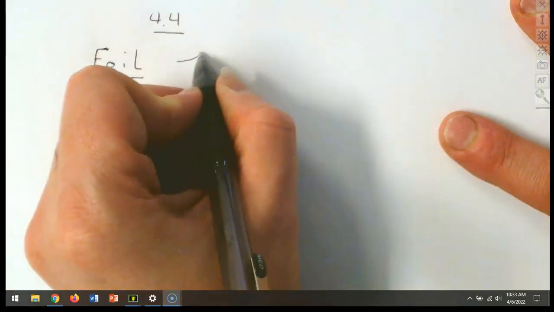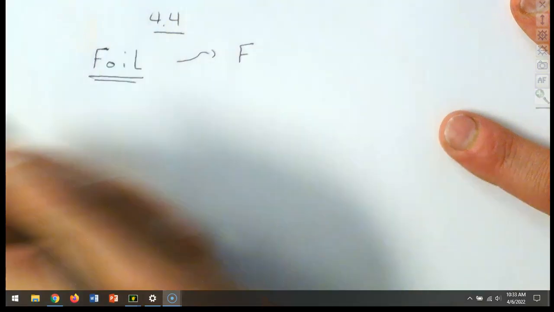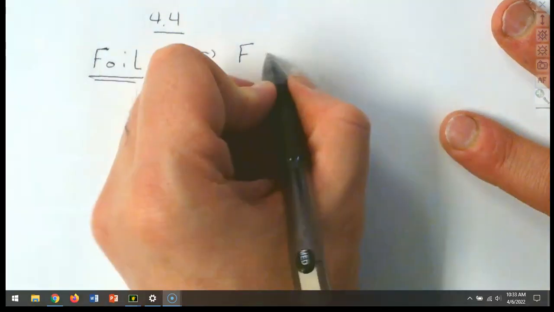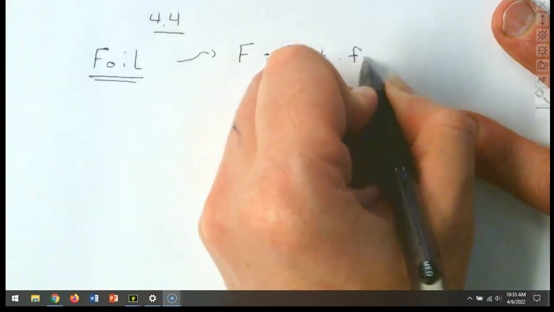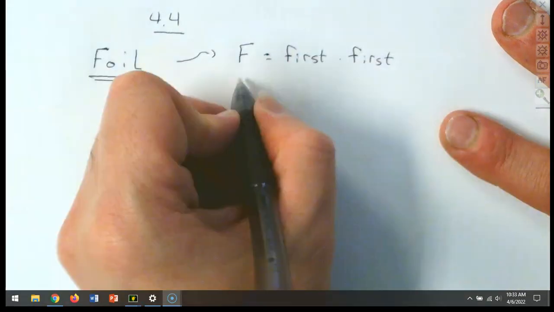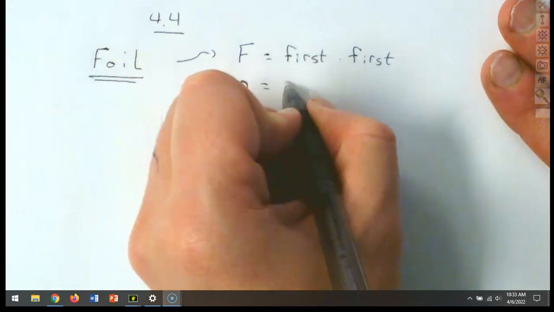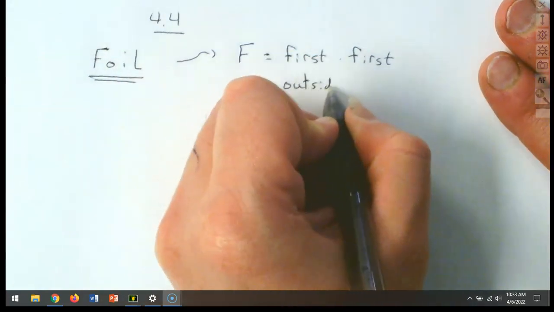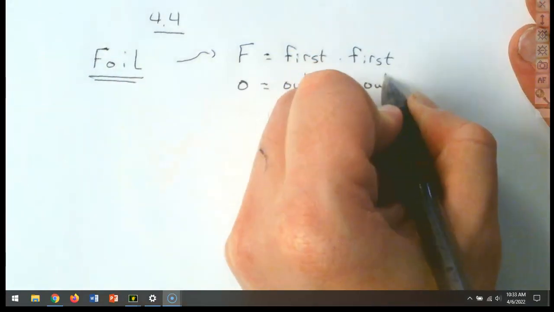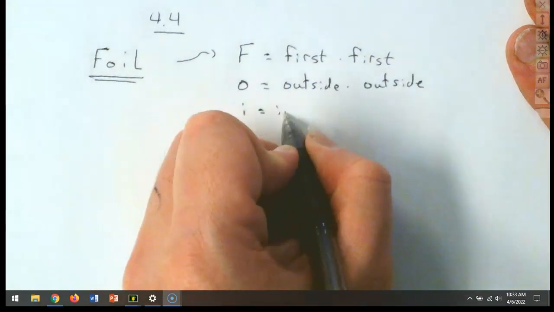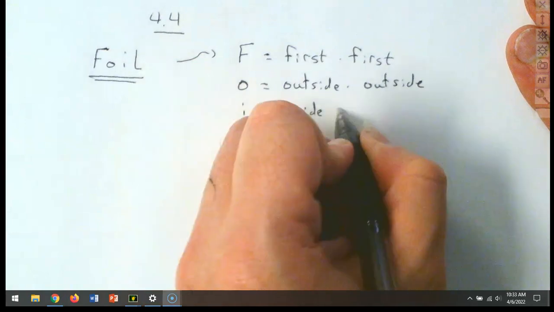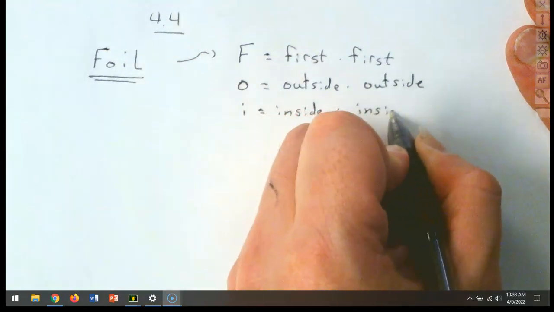And what that stands for is, FOIL stands for the first times the first. Then we have the O, that stands for the outside times the outside. The I stands for inside times inside.